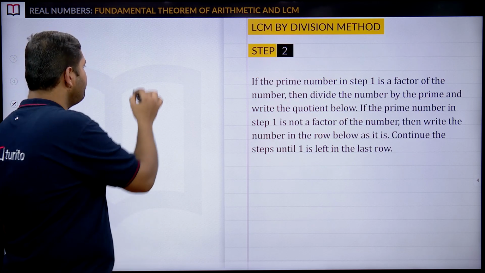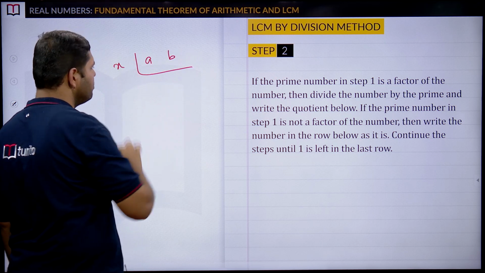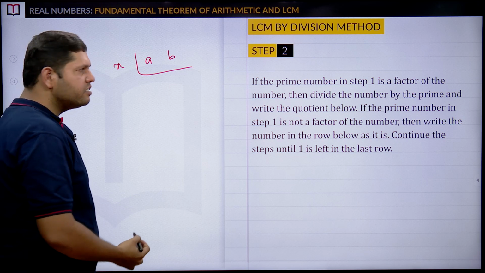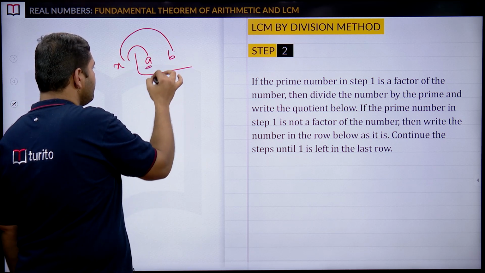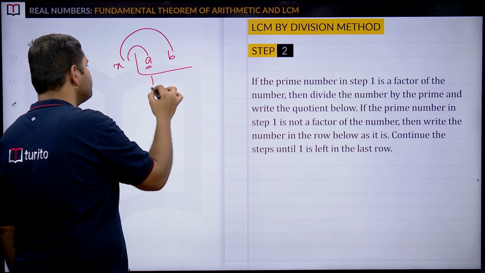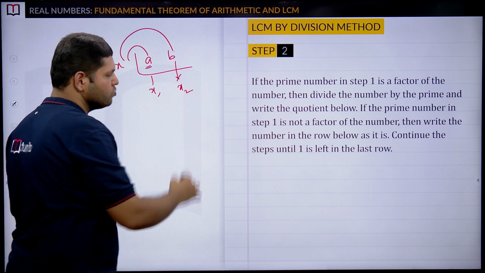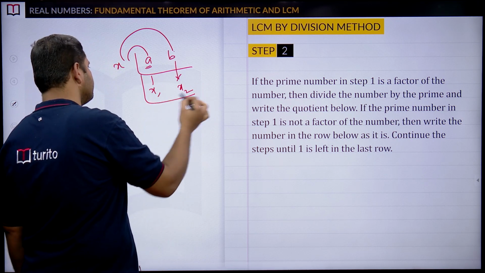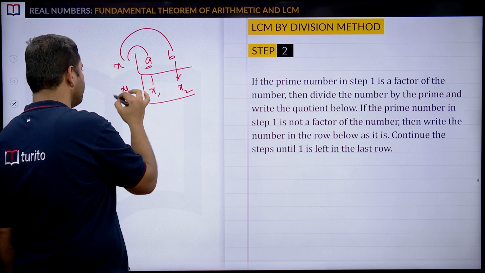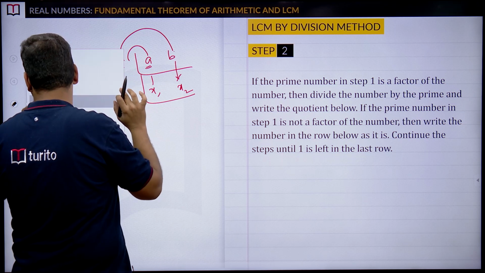Next, after writing the quotients, I am taking some number x. Suppose x divides A and x divides B. After dividing A, you get a quotient x1, and after dividing B you get the quotient x2. Then I take one more number, y.